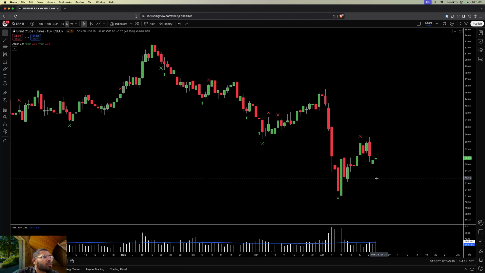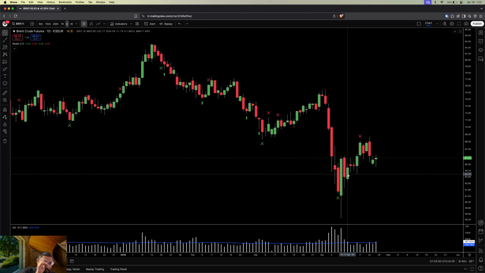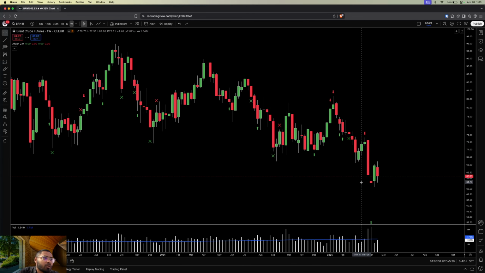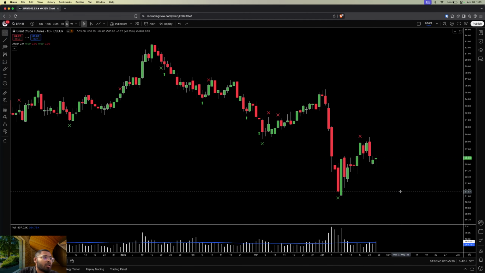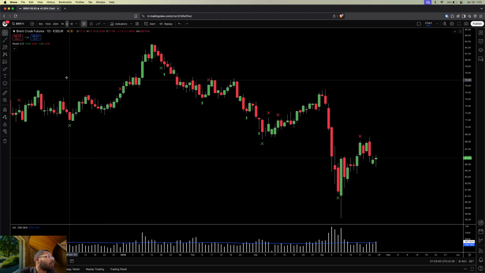I can't say on daily we can shrink this wick, but on weekly you should mark this whole wick, and in this region we can hunt for some bullish setups or something like that.